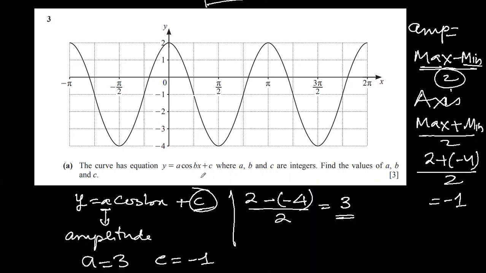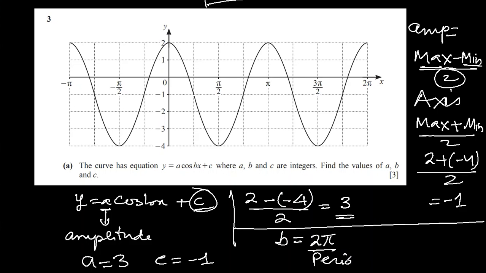Now the challenge is to find b, and for b we should know that b is always 2 pi, because it is in radians, 2 pi divided by whatever is the period of the graph. To find the period of the graph, take two consecutive maxima or minima. So let's take these two. These are two consecutive maxima, and the horizontal distance between them becomes the period.